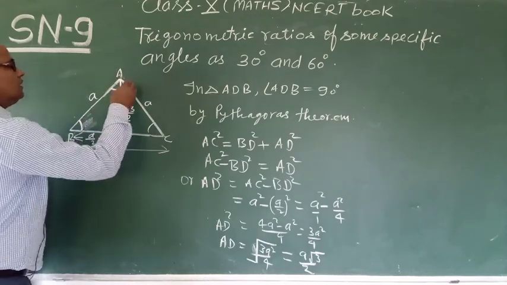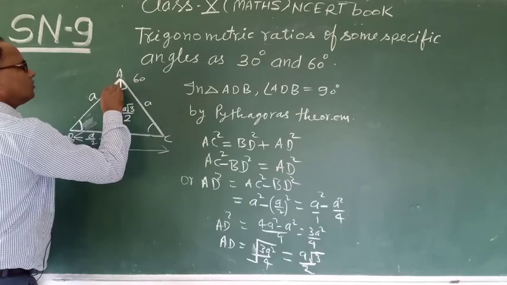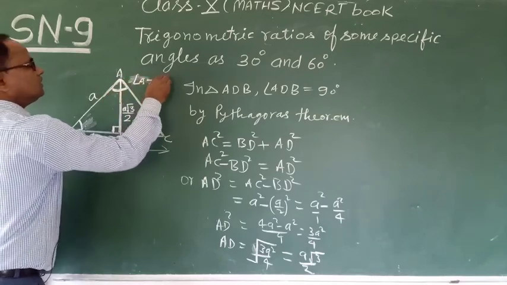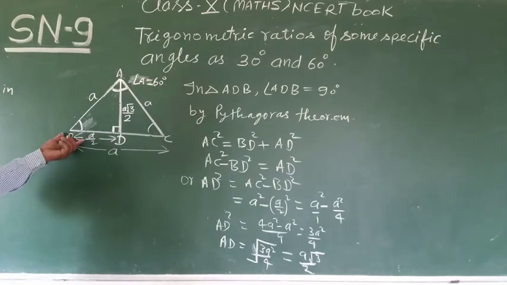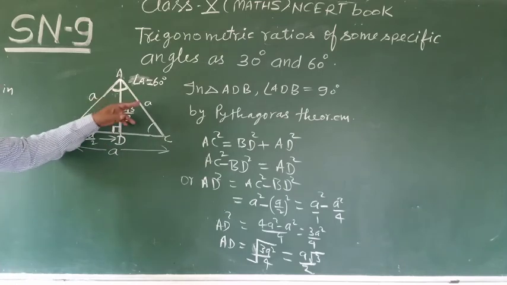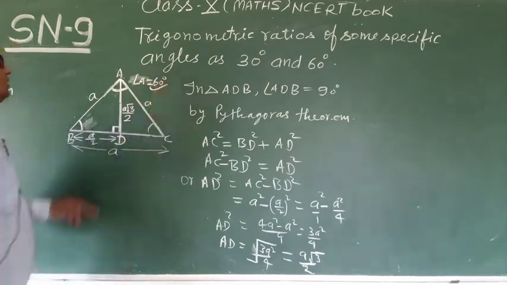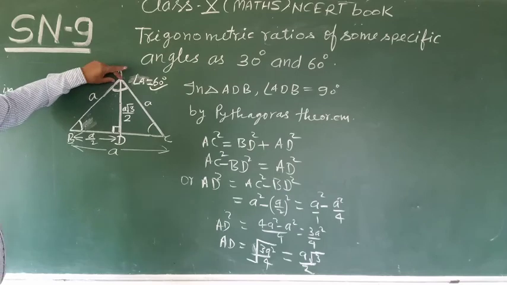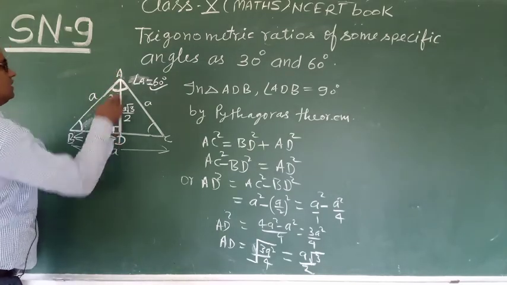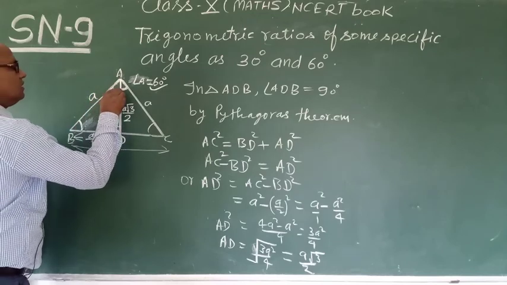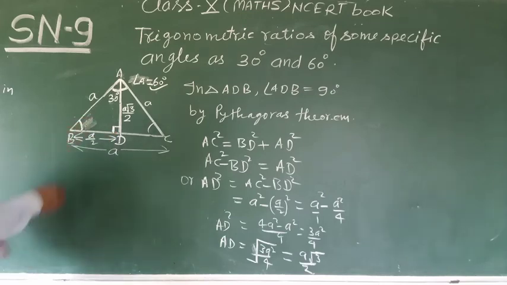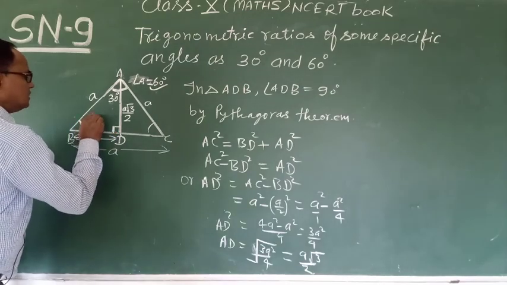Here this angle is 60 degree: total angle A is equal to 60 degree, angle B is equal to 60 degree, angle C is equal to 60 degree. Each angle of an equilateral triangle is 60 degree. Then AD is the bisector of angle A, then angle DAB is 30 degree, and this is 30 degree, this is 90 degree, then this angle will be 60 degree.